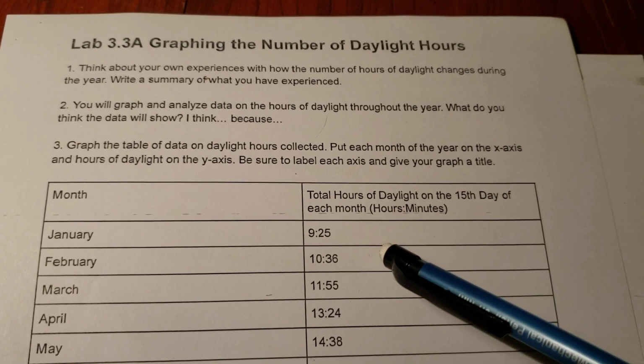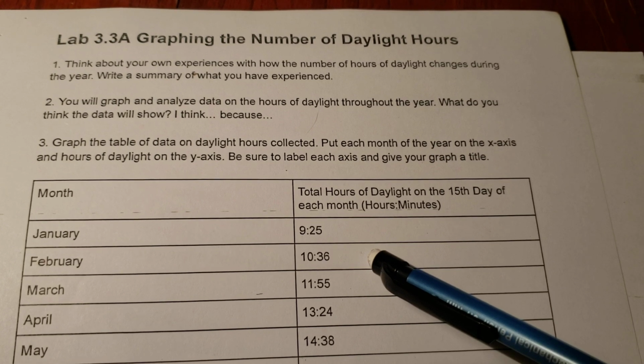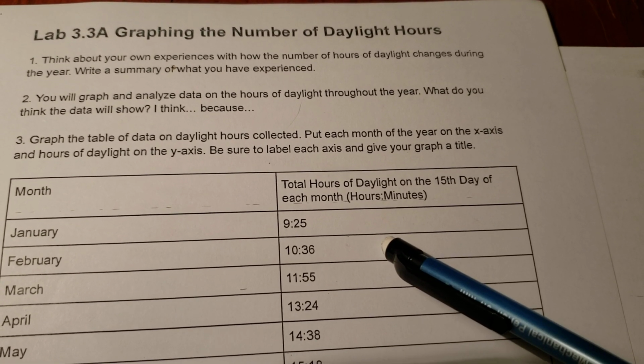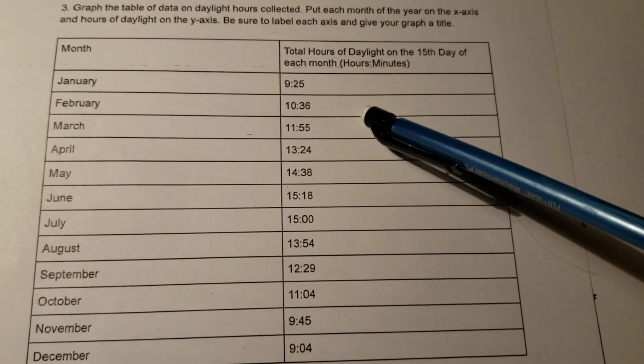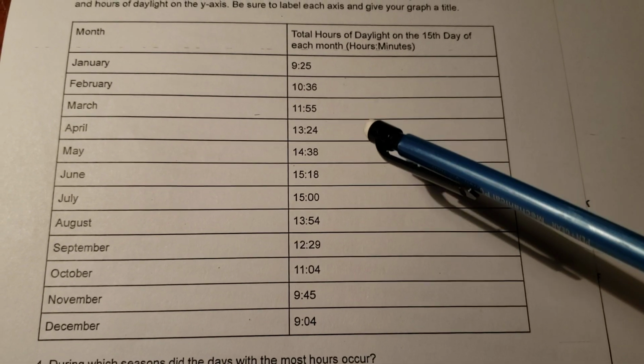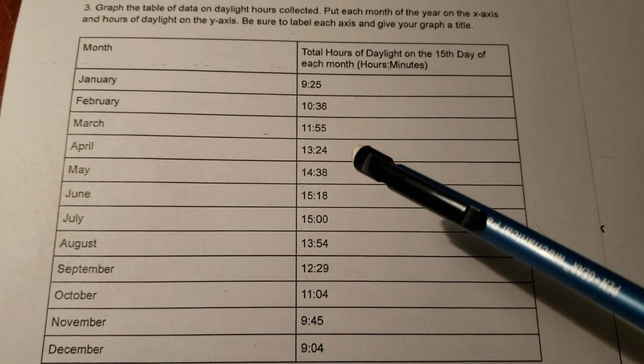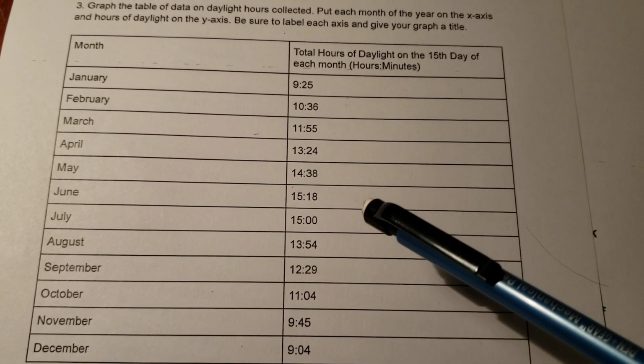In February, there were 10.36 hours before it started to get dark outside. Okay? So what we're going to do is put all of this data into a graph.